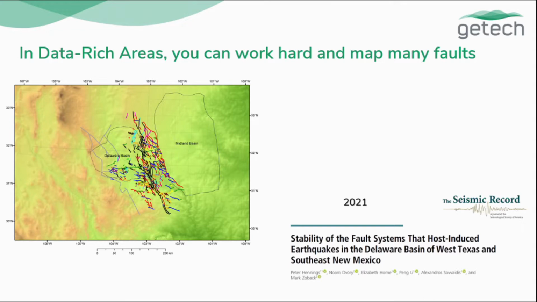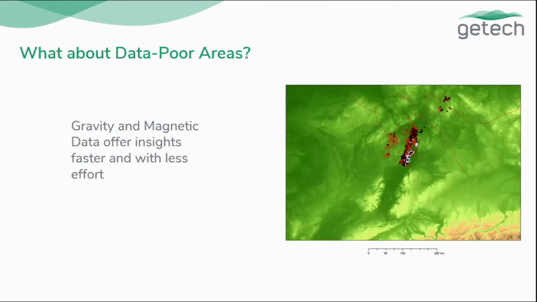And as I said, this is the right way to do it, but this is major mobilization. So what are you going to do over in this part of the world where you don't have that kind of data set? Well, what I'd like to convince you is that gravity and magnetic data are a way to get going on this kind of territory faster and with less effort than we saw in the Delaware Basin.